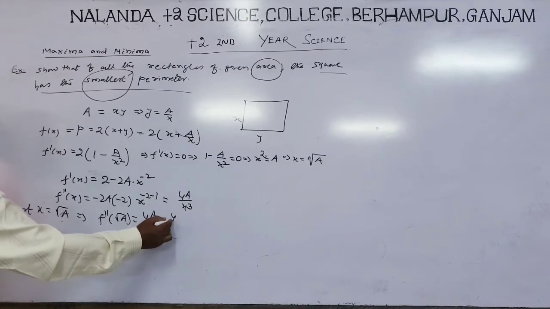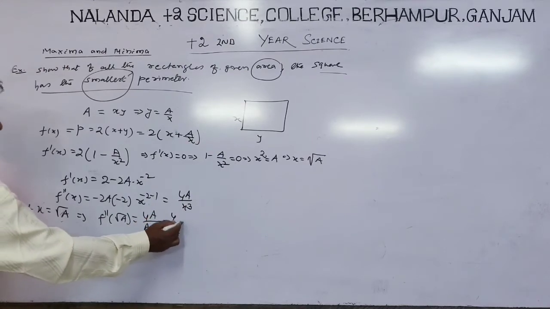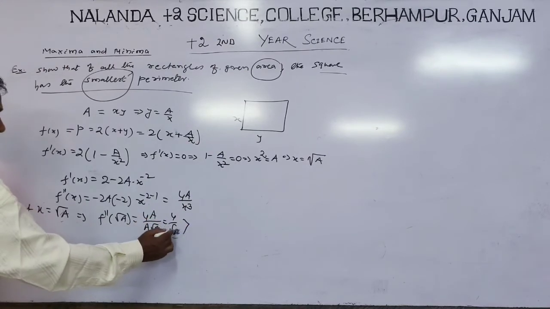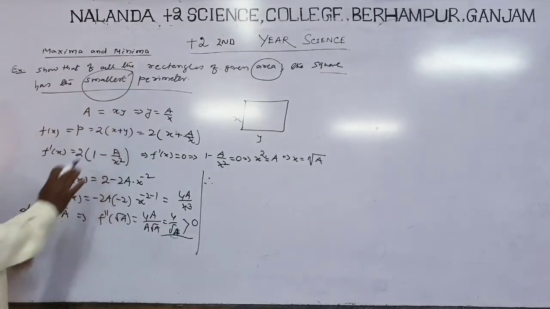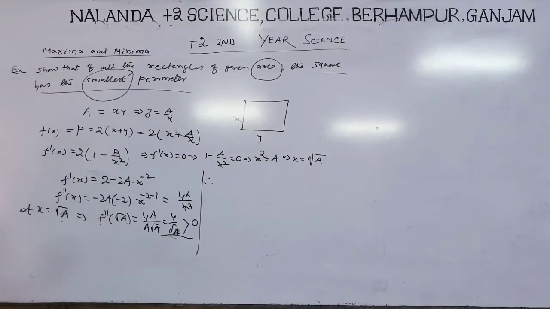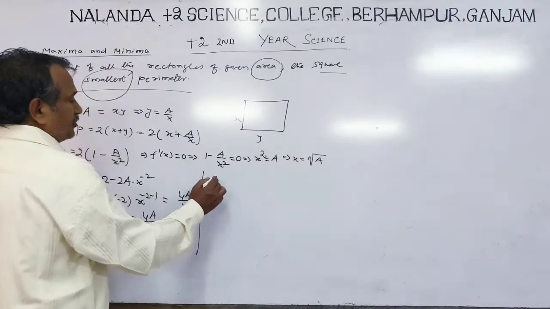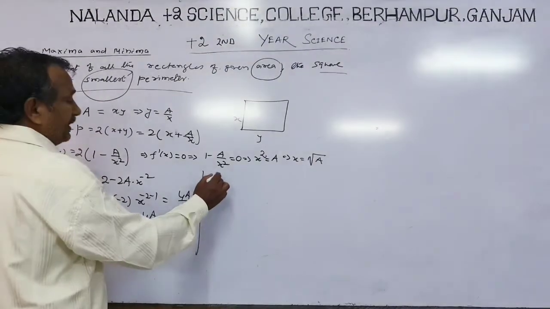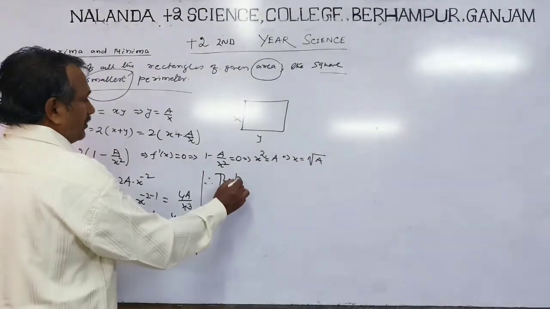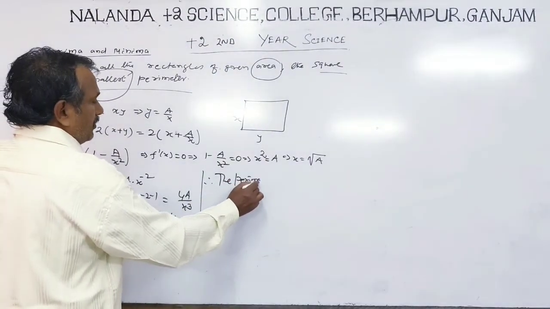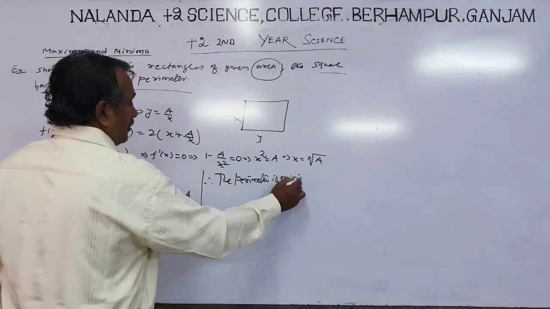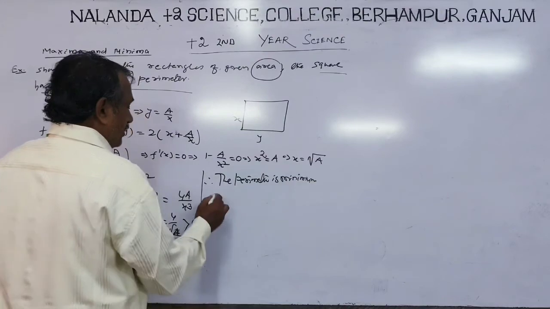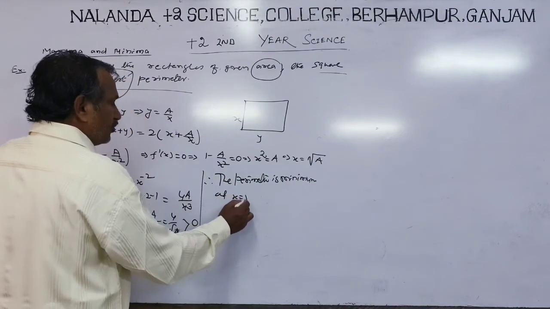Okay, so that is 4 by root a, which is greater than 0 because a must be positive. Therefore the function is minimum, smallest is minimum. So the perimeter is minimum at x equals root a.